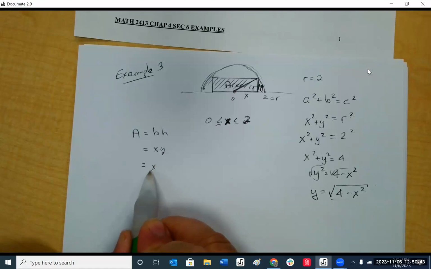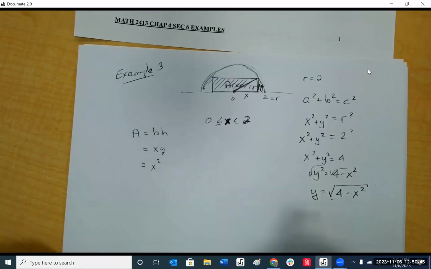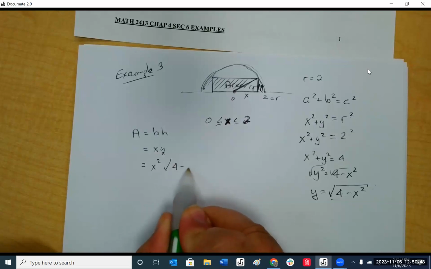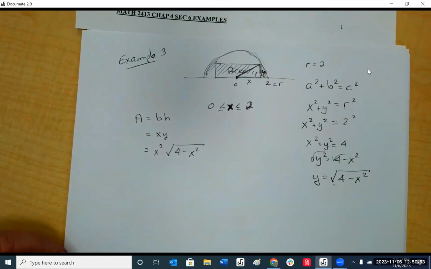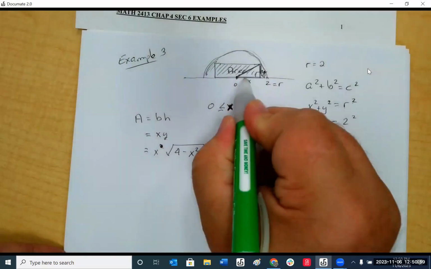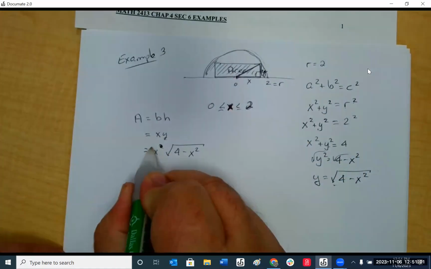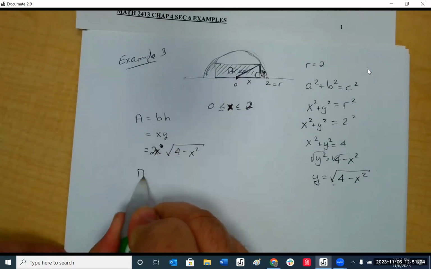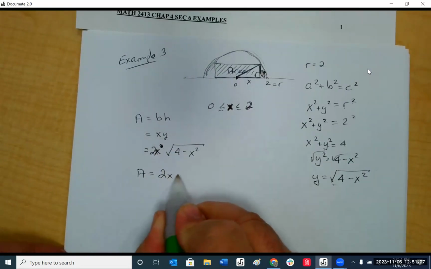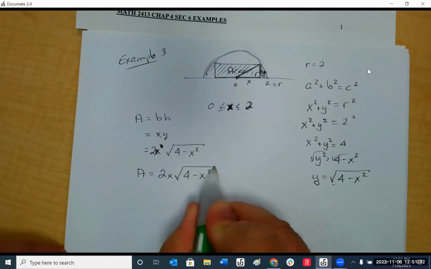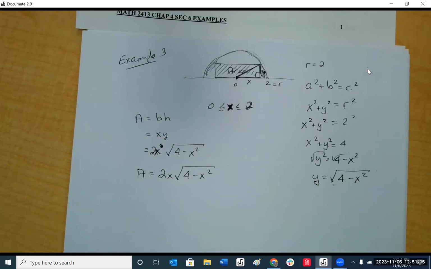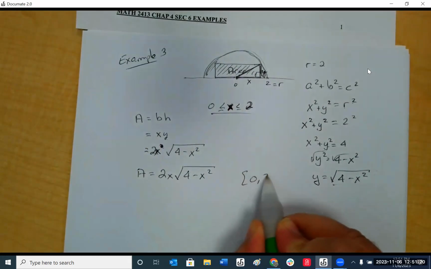The y is square root of 4 minus x squared. Because we have this x here and this x here, we have two x's. So the area is twice the x from 0 times our y value, and it has to be within that bound 0 to 2.